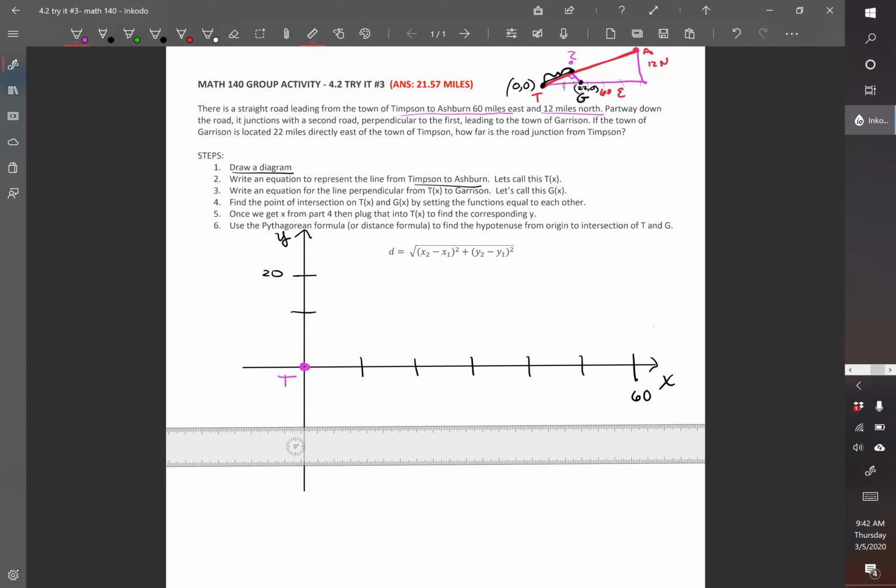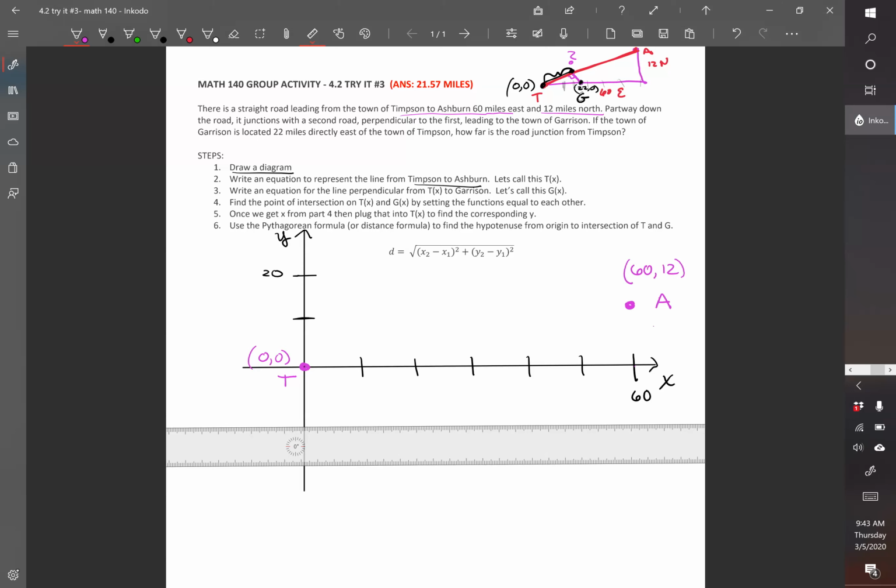So I'm going to label that T, and that's the point 0, 0. Just keep in mind. And then I have my 60 east and 12. This tick mark's probably a bit off. 12 would probably be right about here. So I'm going to plot that point of Ashburn right about here. And that is the point 60, 12.